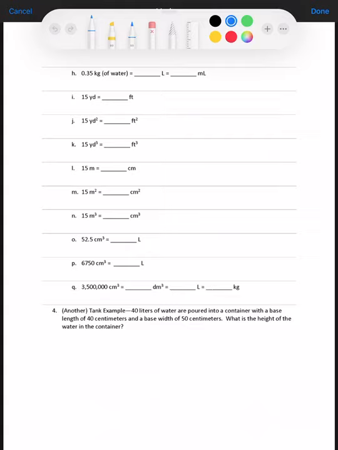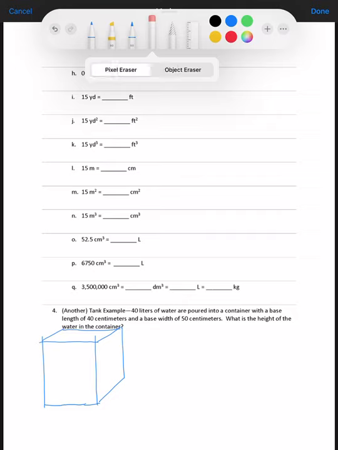So a good thing to do to start these word problems is to draw a picture. So I'm going to draw a picture of a tank of water. We have our tank of water.